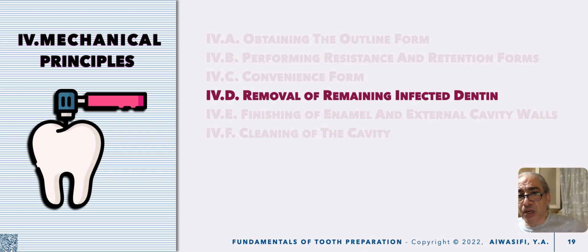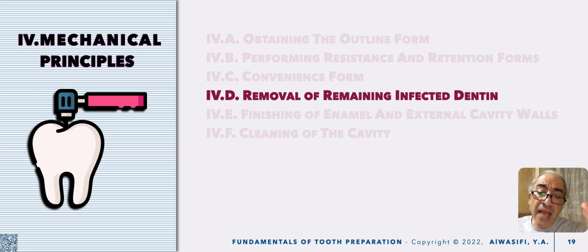And if you remember, when I discussed this with you, I mentioned that this is concerned with buccolingual and mesiodistal caries extension, not caries in depth, not the third dimension of your carious lesion. That's why it is termed remaining infected dentine.